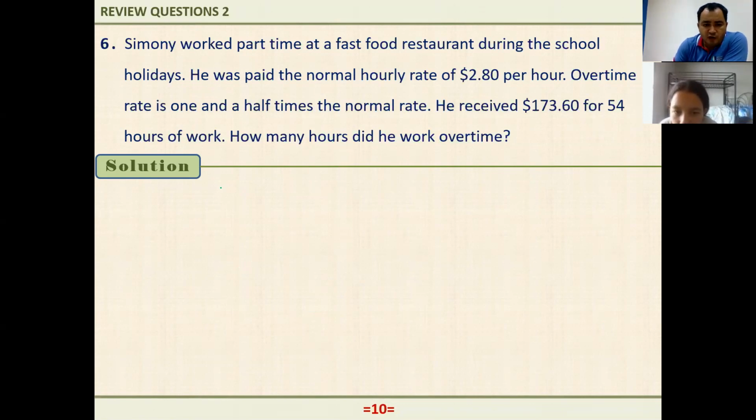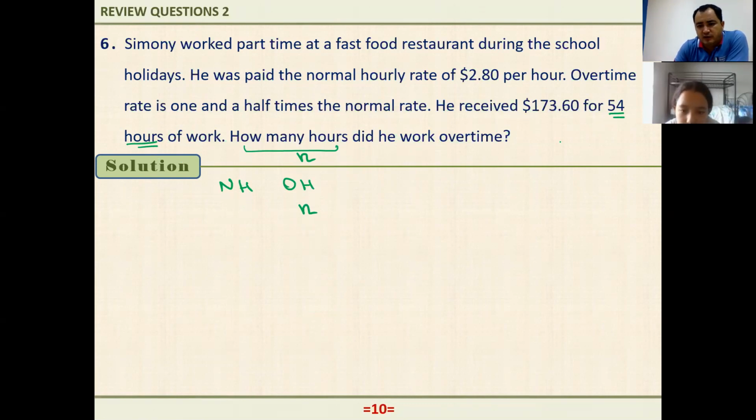So here we have normal hours and overtime hours, let's say. In a week, how many hours did he work? 54 hours, right? The question is, how many hours did he work overtime? I don't know. Let's say it is n. So this overtime is n. Then how about normal hours?